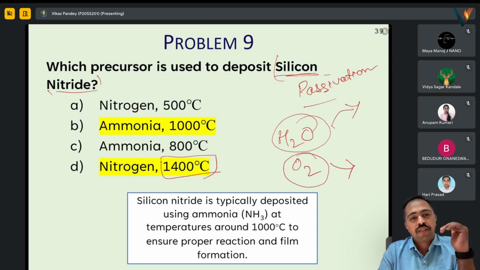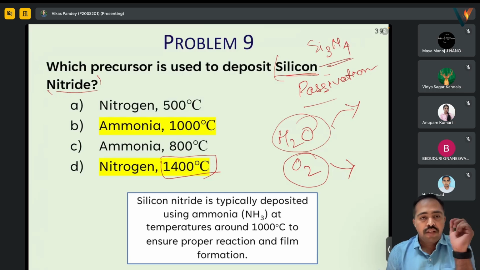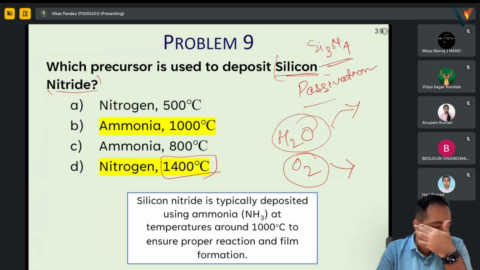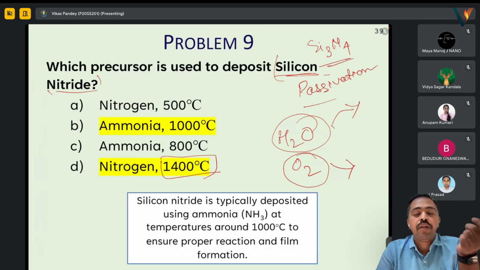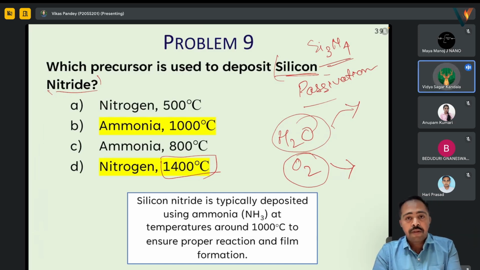In the case of silicon nitride, if we are doing it with ammonia, a lower temperature is needed compared to direct nitrogen, because breaking the nitrogen molecule to make Si3N4 will be difficult. The energy required is higher compared to the energy required to break the ammonia molecule.